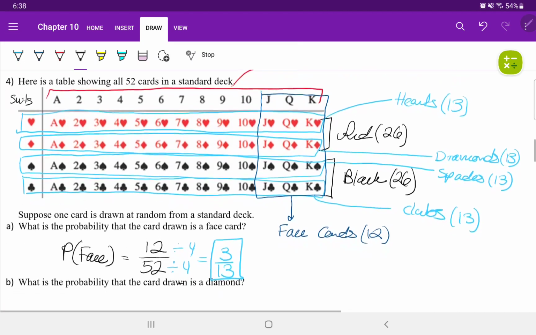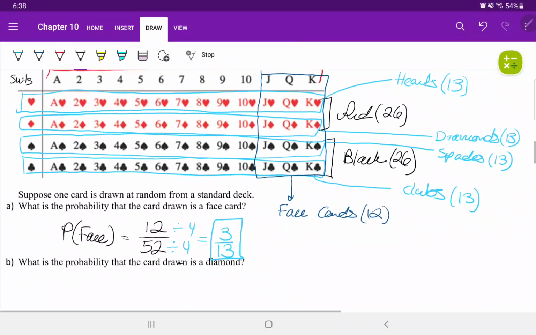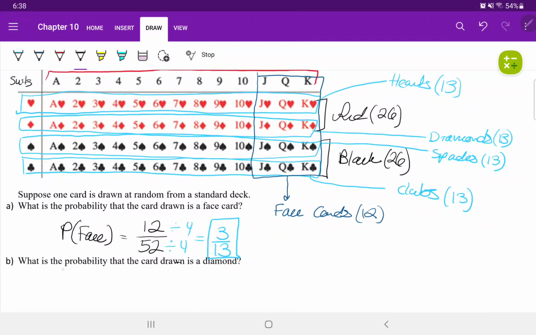Now, the next one says, what is the probability of drawing a diamond? We already established that there are 13 diamonds in my deck of cards. So the probability of selecting a diamond is going to be 13 out of 52. And yes, in this case, you must reduce this fraction, because both 13 and 52 are divisible by 13.